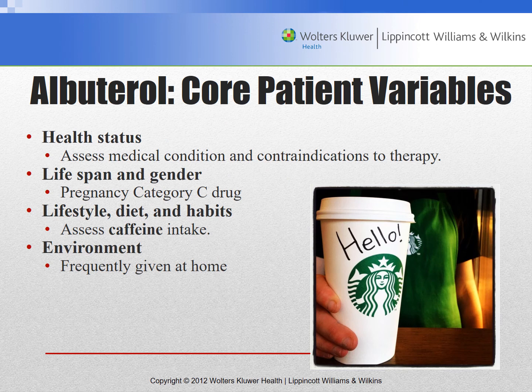All right, so from a health status perspective, we do want to assess their medical condition and any contraindications to therapy, and make sure that we understand the underlying disease process and what's going on, so that we can educate appropriately.